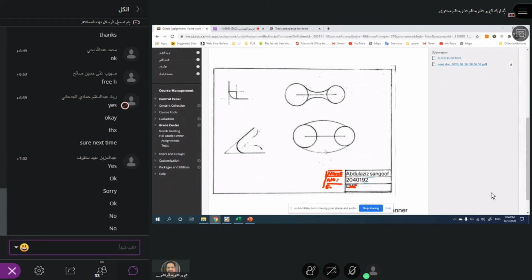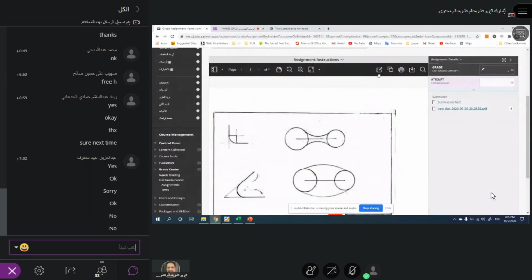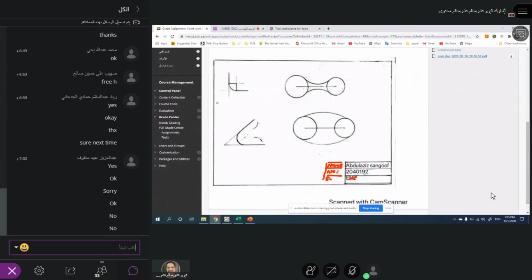If you make the same mistake, you'll be getting 0. I'm not very happy with what you have done because it looks very different. It doesn't look like it was manually made. It's something else. Since you have typed it here, you used a printer or something. I'm not sure. Anyway, I believe in you. Next time I will watch you, Sangu. So please be careful.